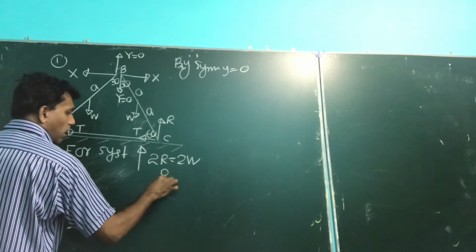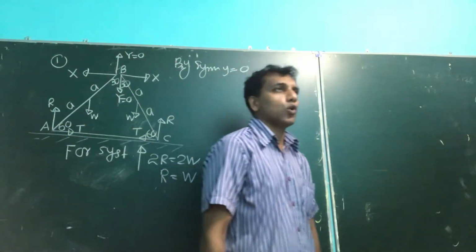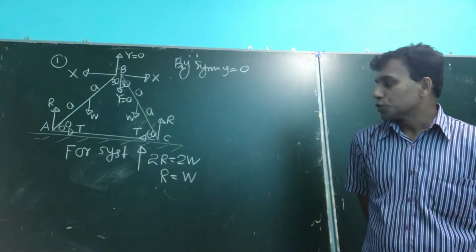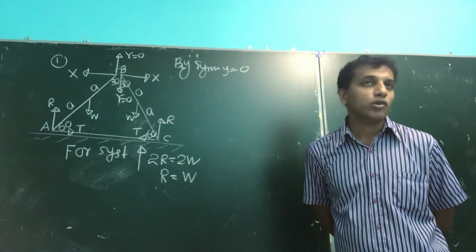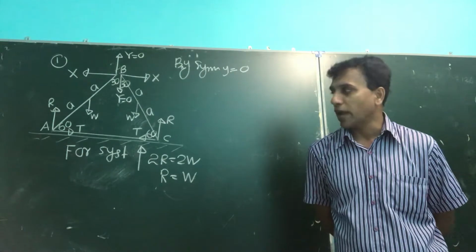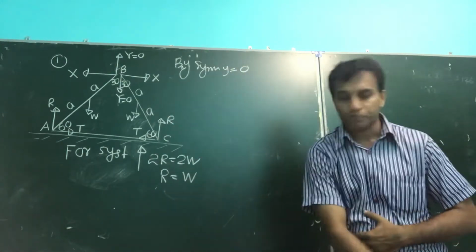Therefore R equals W. For the system, resolving vertically upwards, 2R equal to 2W. For the system, opposite equal forces vanish, they are 0. Anyhow, the vertical forces are only R and W because Y is 0.